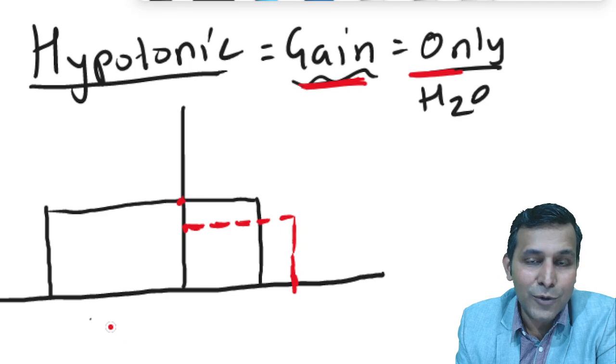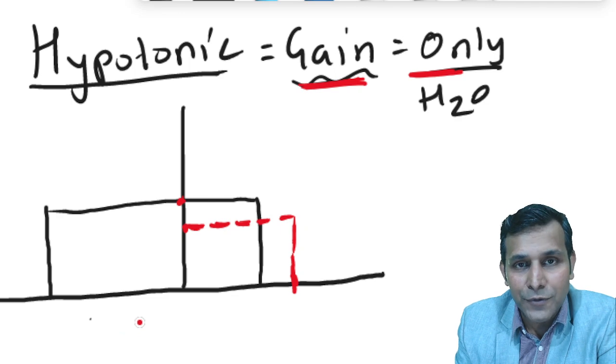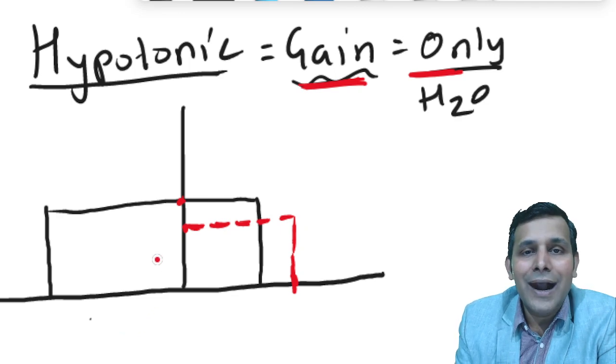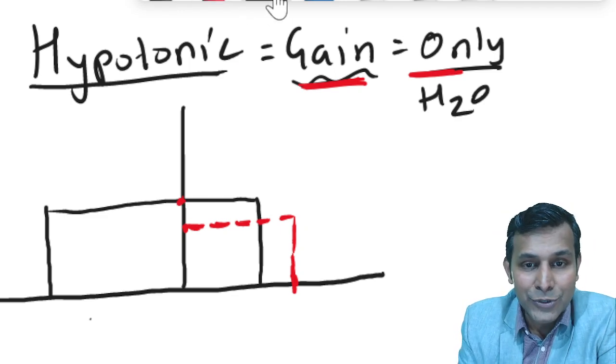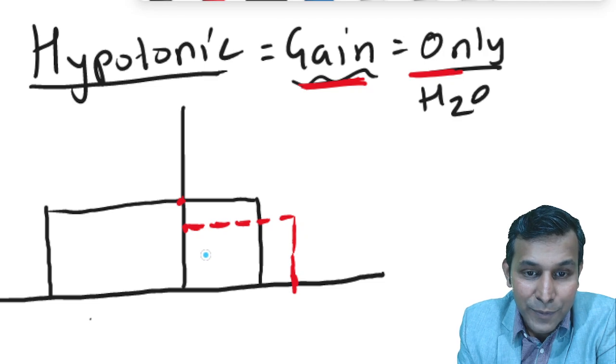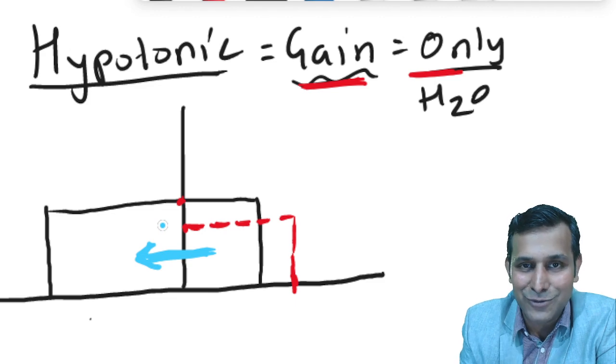And we have discussed in osmosis that the water always moves from hypotonic to hypertonic. Remember this. So there will be a net movement of water from ECF to ICF. The net movement means there is more water movement from ECF to ICF, not ICF to ECF.